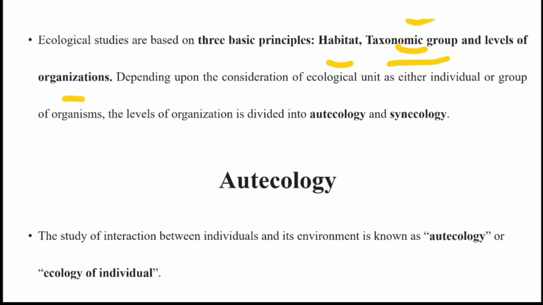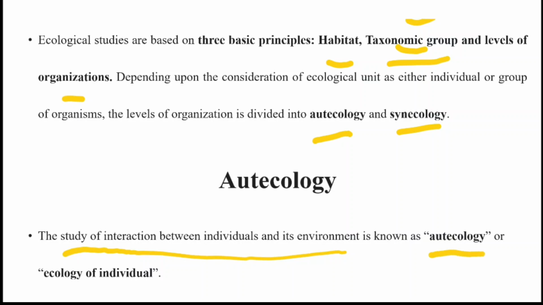And depending on the consideration of the ecological unit, either an individual organism or a group of organisms, it is known as Autecology or Synecology. What is Autecology? It is the study of interaction between an individual and its environment.